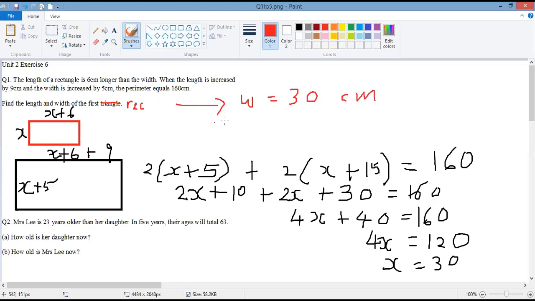And then you have your length. Your length equals to, since you found your x equals to 30, the length here will be x plus 6. So 30 is your x. So 30 plus 6 equals to 36 cm. So this is your final answer for question number 1.